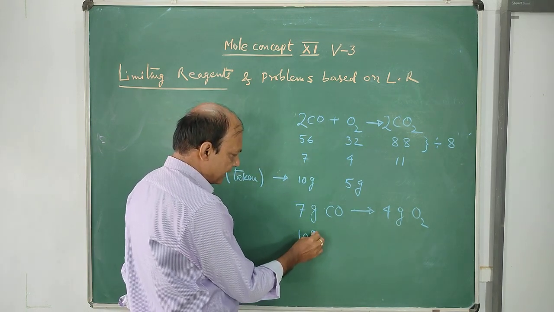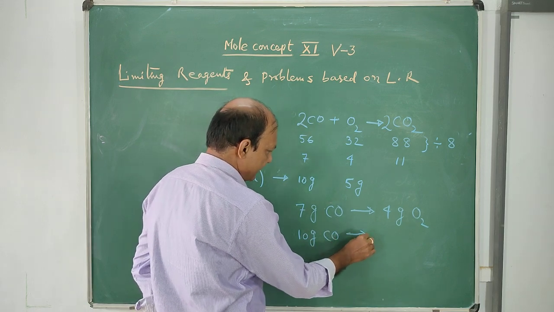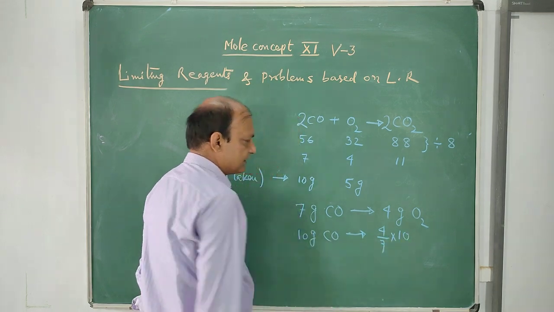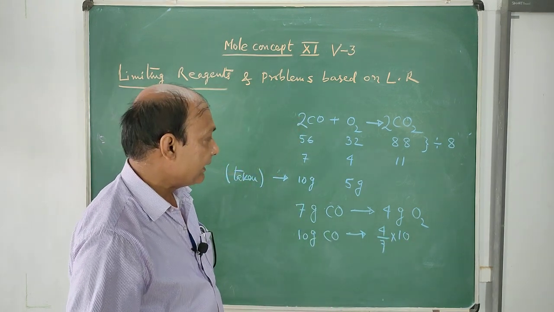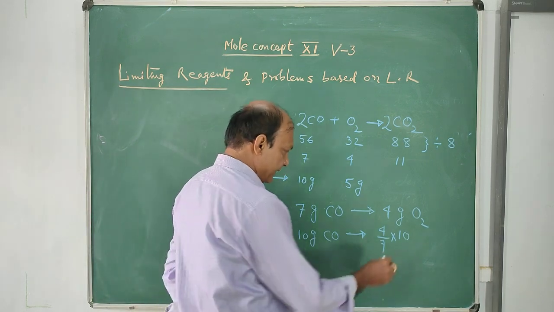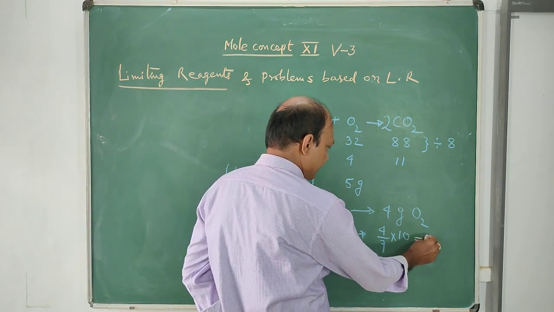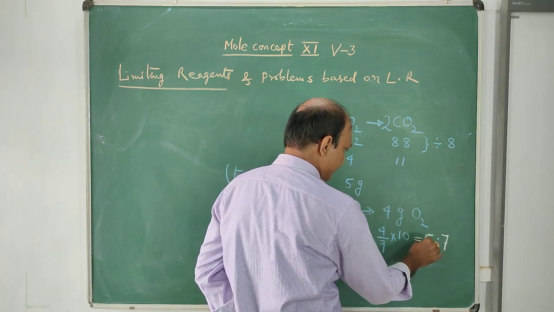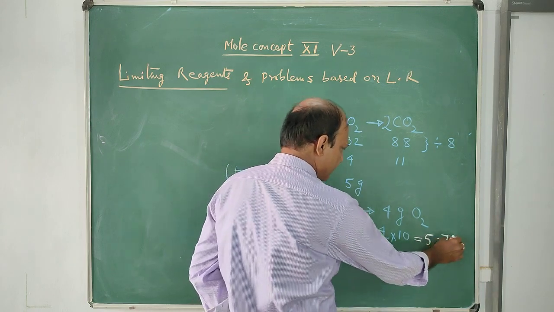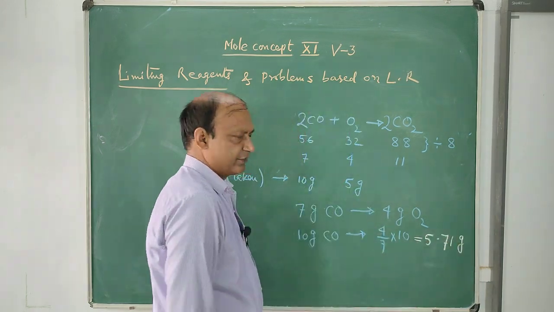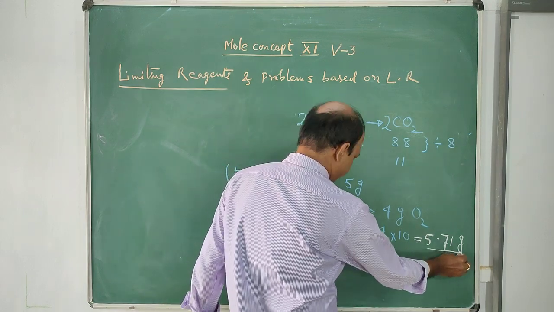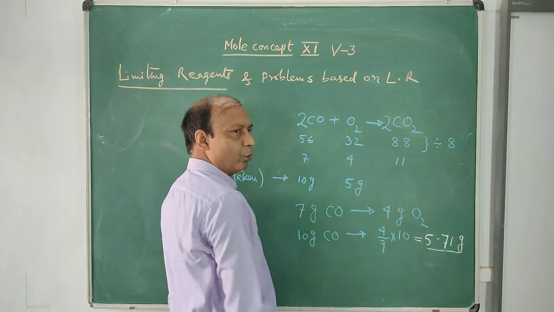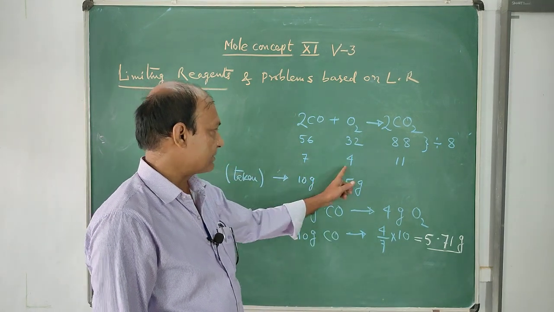So 10 gram carbon monoxide will combine with 4 by 7 into 10, that is 40 by 7, which equals 5.71 gram. Now look at this particular amount: for 10 gram carbon monoxide, 5.71 gram oxygen would be required according to this mass ratio.